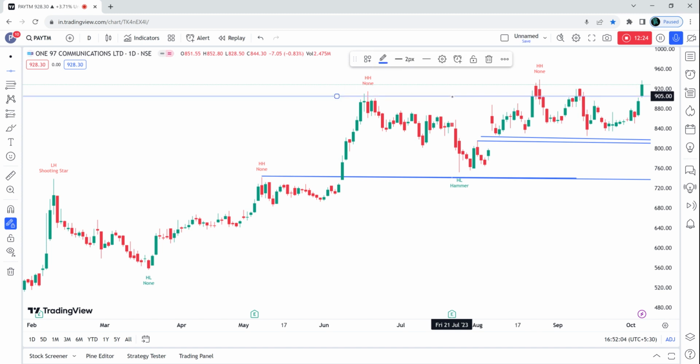This is the highest close that was there in the last maybe 2 3 months, and it has closed above that level. Earlier there was an attempt, but it never closed above that level. This time it has closed above this level, so that actually indicates the possibility of bullishness in the medium term.